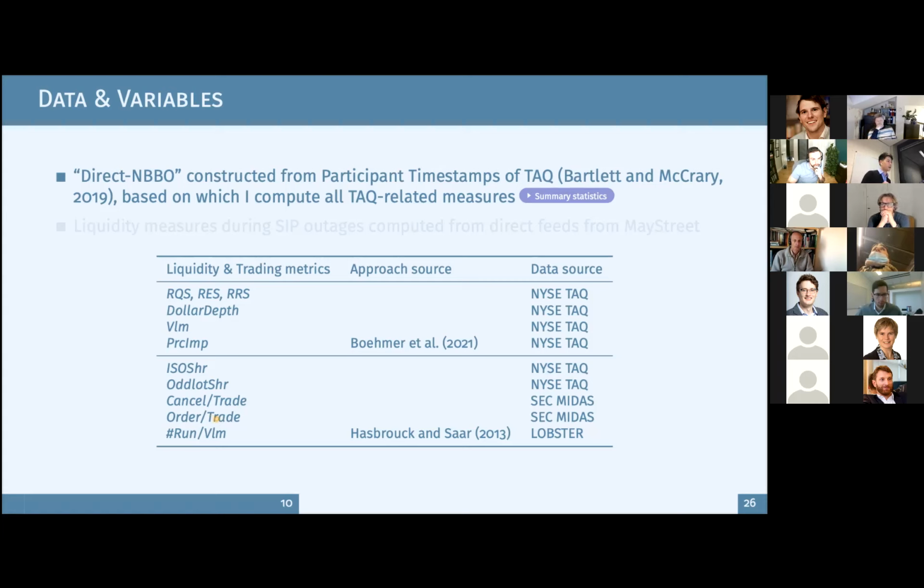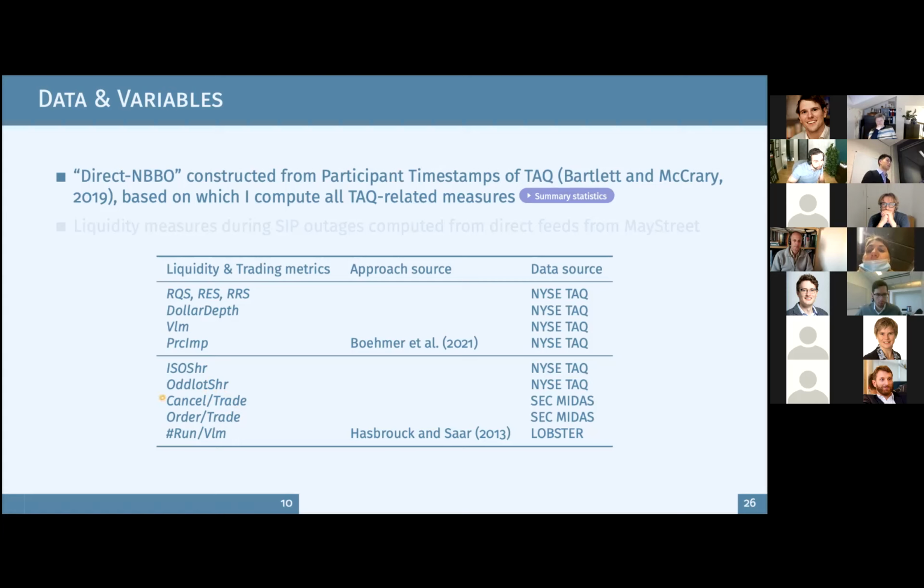And for the trading metrics, I look at the ISO share, that is the volume by ISO orders, because the literature has shown that ISO orders are used by informed traders to sweep the available quantities at multiple exchanges. I also look at the all-out share, and more importantly, I look at 3 measures that can be a proxy for low latency trading.